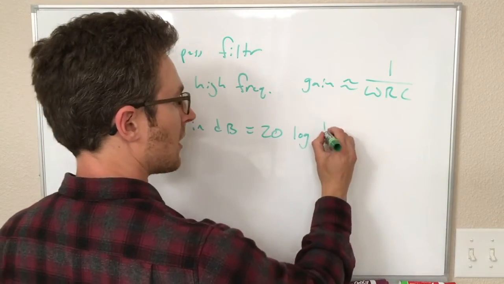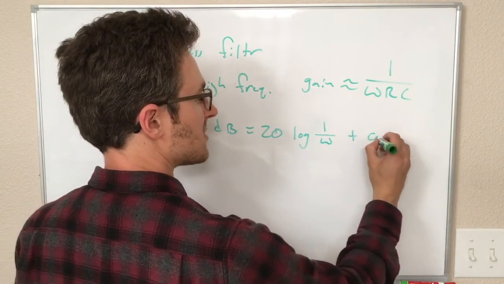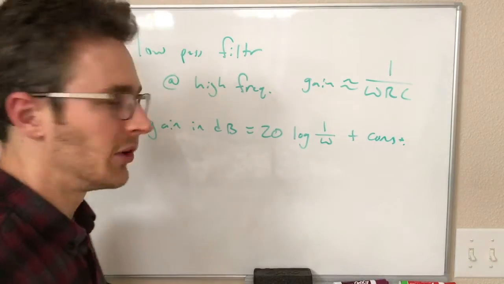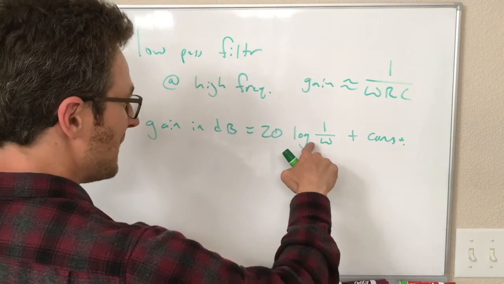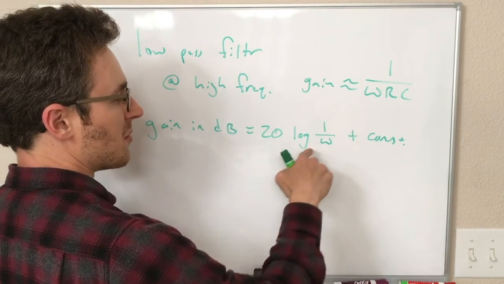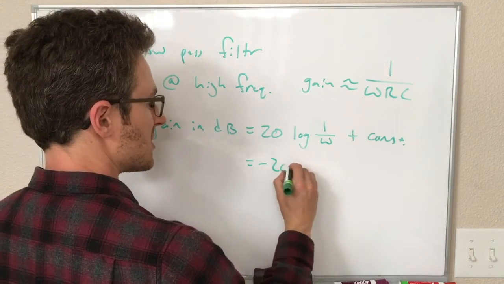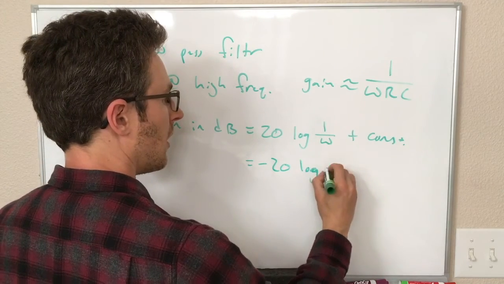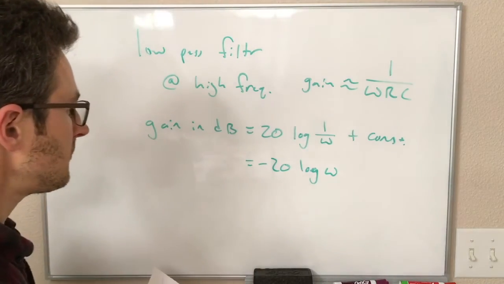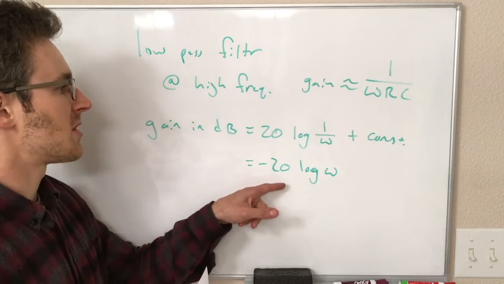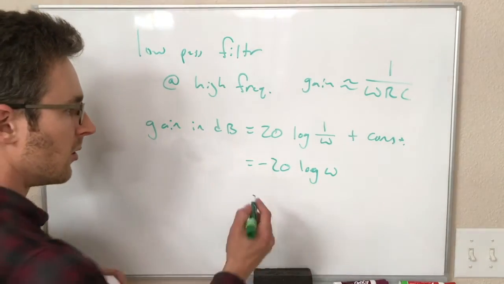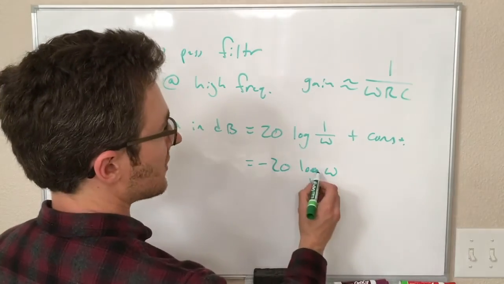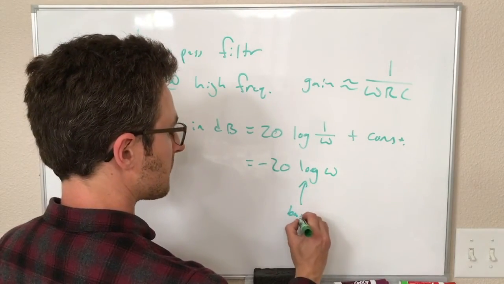So this looks like the log of 1 over omega plus some constant that we don't really care about. The log of 1 over something is equal to the minus log of something. So this is minus 20 log of omega. And so this describes how our gain decreases with increasing frequency. Note that this log is the base 10 log.